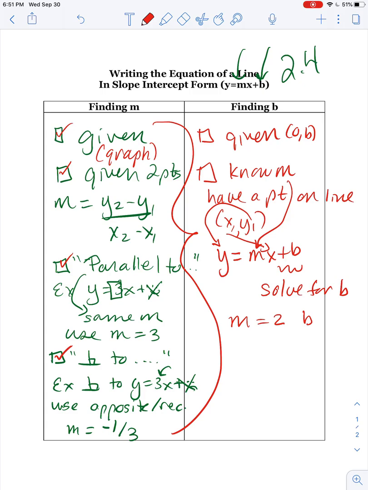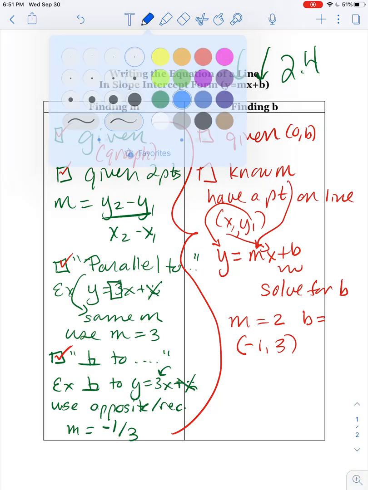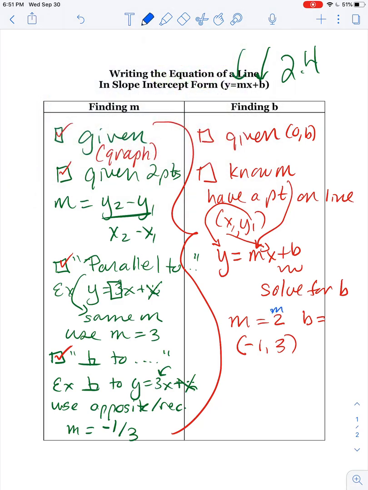Let me give you a quick example. Let's say that I know the slope is 2, and I don't know the y-intercept, and then I know that it goes through the point (-1, 3). Those two things I know. It doesn't matter how I found the slope, but now I know the slope and 1 point. So think about what each thing is.